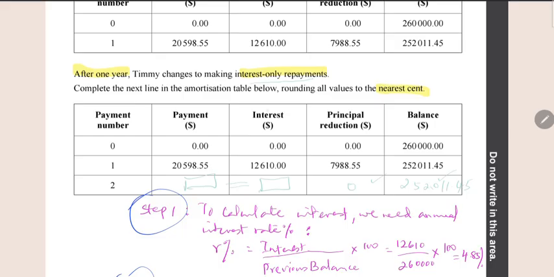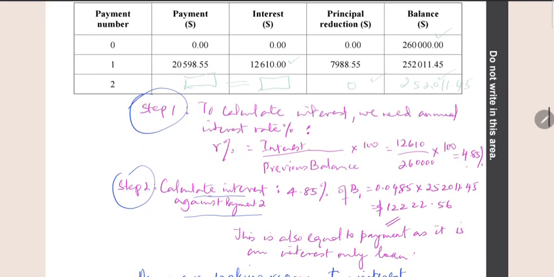So all you have to do is calculate the interest. In order to calculate the interest, we have no idea of the rate because this question has not mentioned it in the previous part. So you can just say interest over the previous balance times 100, and that works out to be 4.85%.